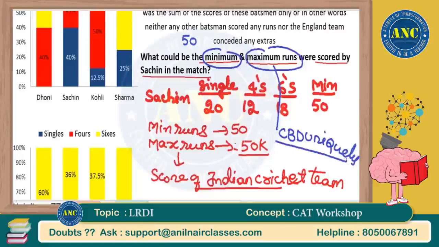I will tell you why we are taking a minimum score after some time. Just hold on, sir. What could be the minimum runs scored by Sachin in the match? Minimum runs scored by Sachin here is 50. To get the maximum runs of Sachin or any other player, we need to know the score of the Indian cricket team.